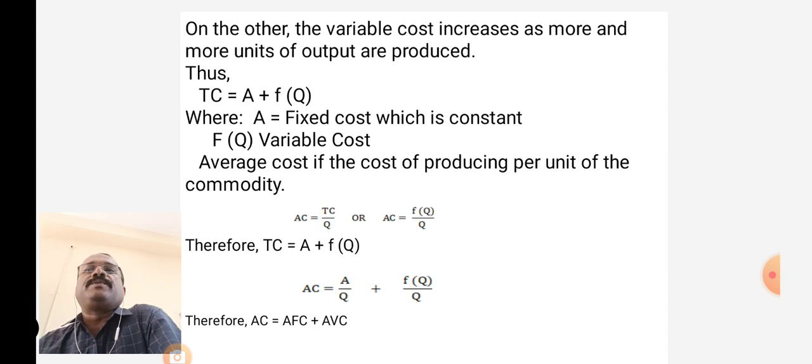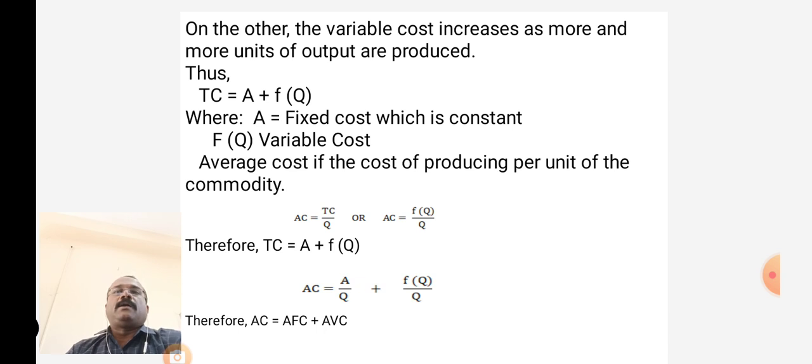Therefore, if TC equals A plus f of Q, then AC equals A divided by Q, where A is the fixed cost, which is constant, plus f of Q divided by Q, where f of Q is the variable cost and Q is the quantity. We consider this as AC equals AFC plus AVC, that is, average cost is always equal to average fixed cost plus average variable cost.